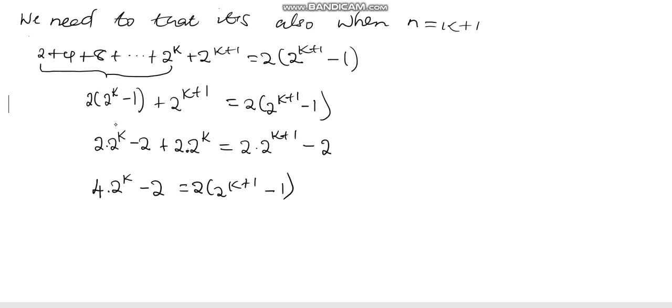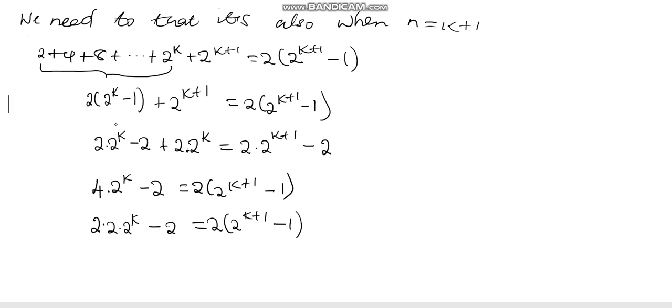So now you notice that this 4 can be found by multiplying 2 by 2. So if this is 2 multiplied by 2 multiplied by 2 to the power k minus 2, we equate it to 2 to the power k plus 1 minus 1 like this here.